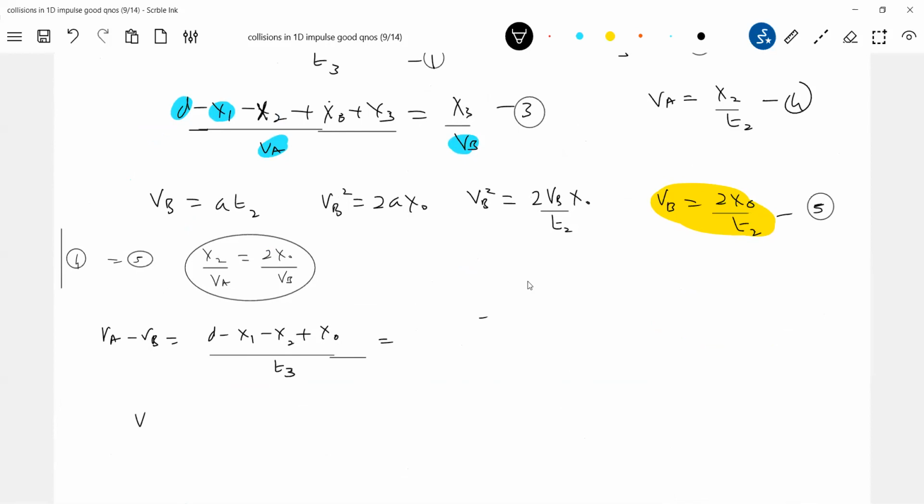Thank you. So VA minus VB, D minus... it is taking a lot of time. x naught I'll replace as VB x2 by 2 VA. T3, I'll write this equation, x3 by VB. I'll get the relation between x2 and x3 here.